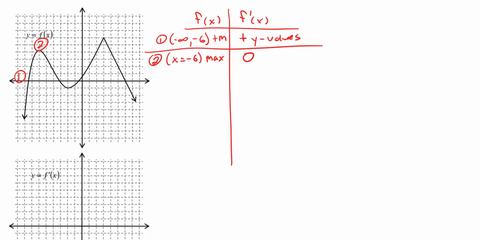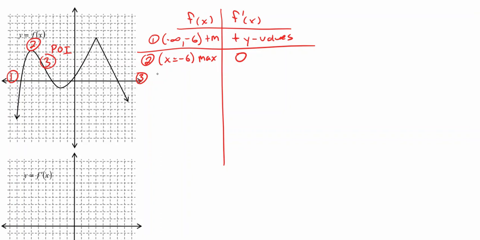All right, and then part 3, so right here, this would be a point of inflection, we quite often say. So we'll say 3 would be where x, and we'll assume it happens right at -4, so where x is equal to -4, and this would be a point of inflection.